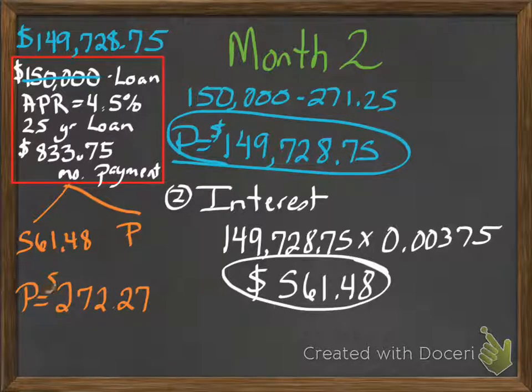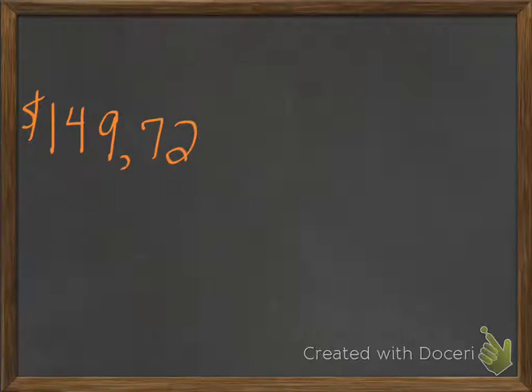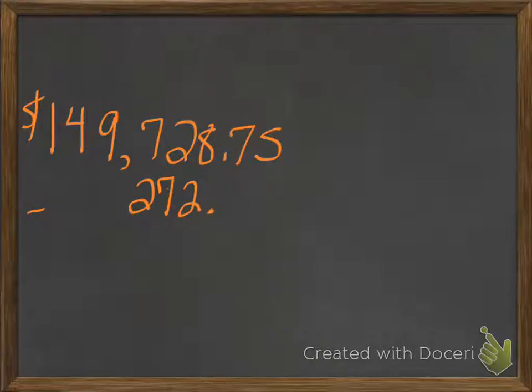Okay, so going into month 3, we take the $149,728.75 and reduce it by how much our principal was, $272.27.